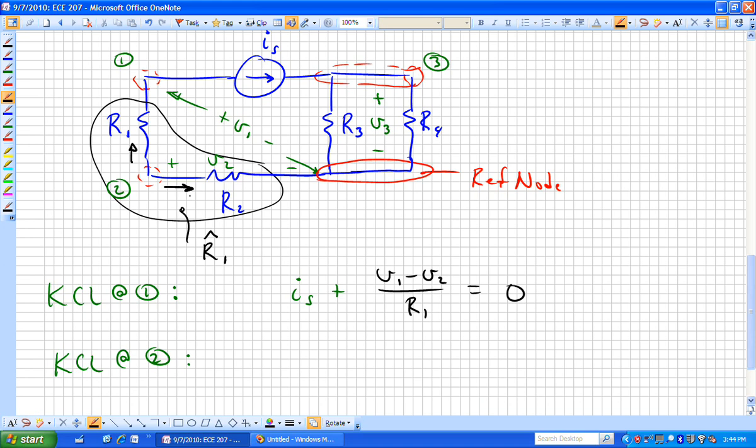Those are disconnected. You're not really deciding whether V1 is positive or negative. It's simply a label. It doesn't matter if it's negative, it will turn out to be negative. V sub 3 would be negative, let's say, if it actually ended up being negative.